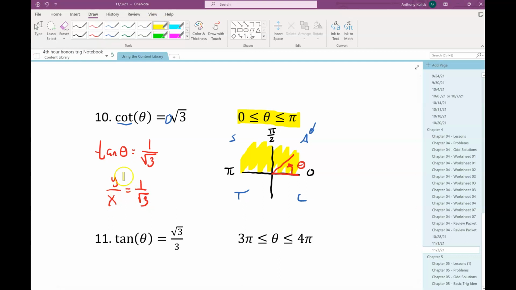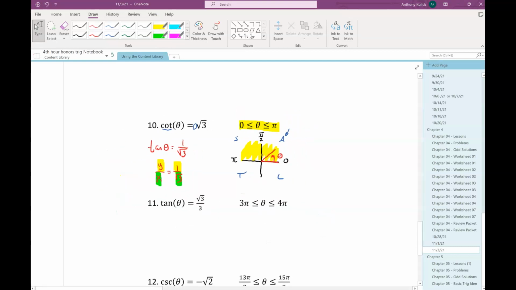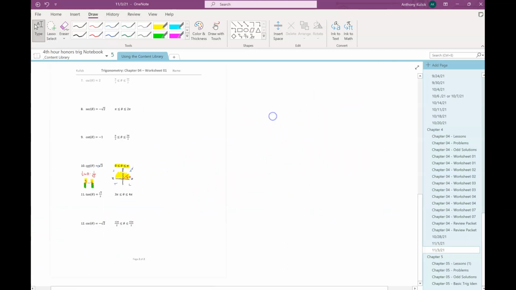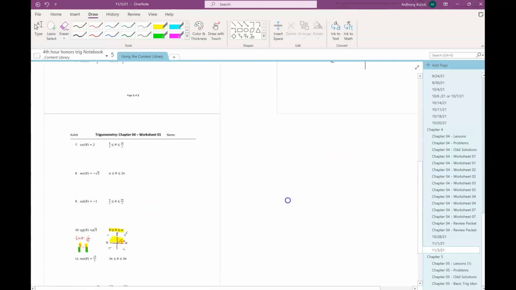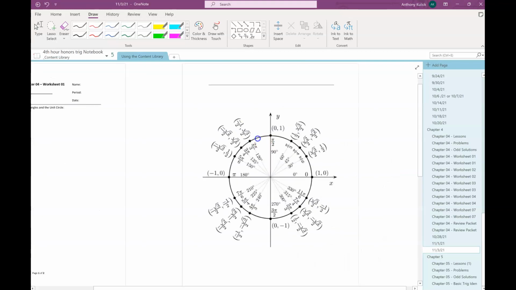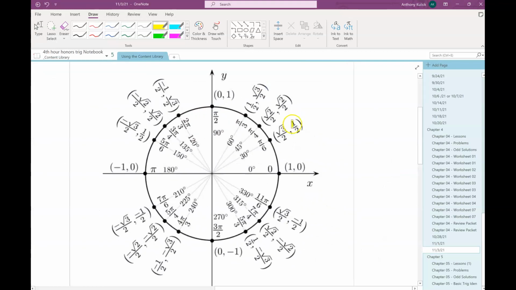So I'm going to be looking in quadrant 1, where I decided my answer is going to be, for a place where the y-coordinate has a 1 in it, and the x-coordinate has a root 3 in it. I don't need the whole x and y coordinate to be identical to that because we're dividing, so you can lose some stuff in that process. So I'm looking for a place where the y-coordinate has a 1 in it, and the x-coordinate has a root 3 in it. That would be pi over 6. That's my answer.